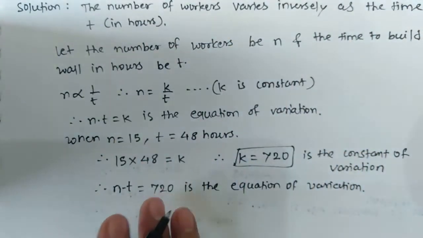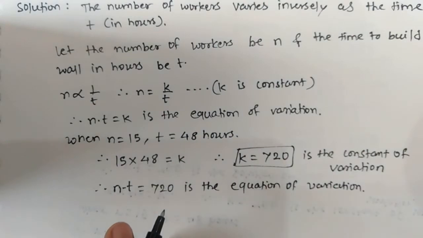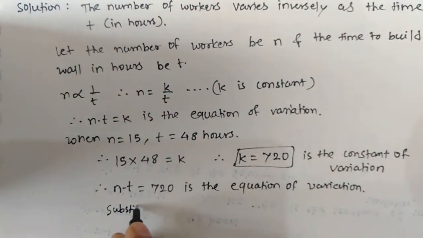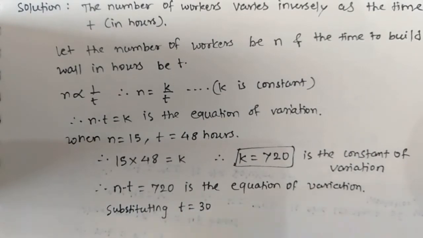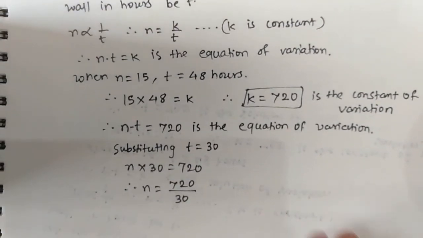So by using this equation we find the number of workers when the time is 30 hours. Substituting T is equal to 30, n multiplied by 30 is equal to 720. Therefore n is equal to 720 divided by 30.